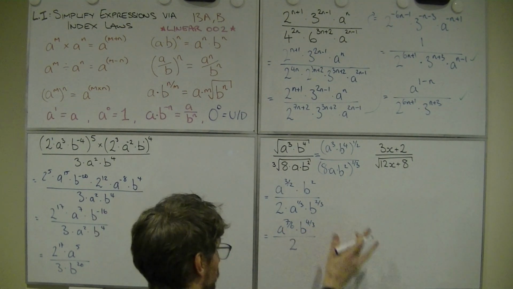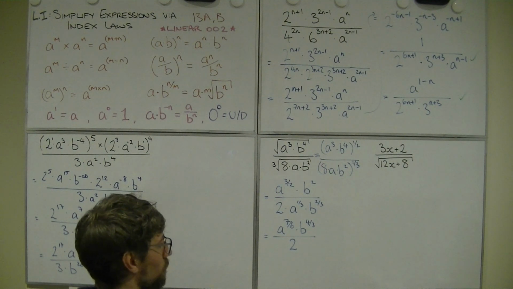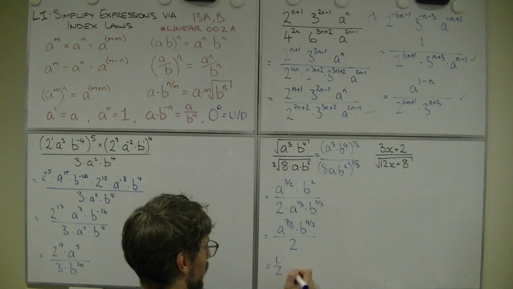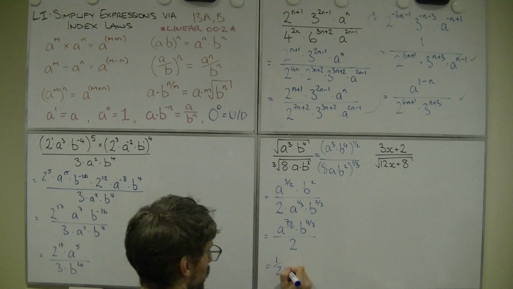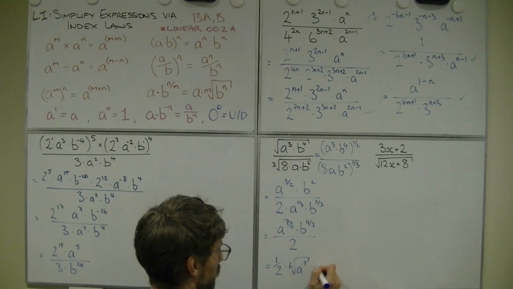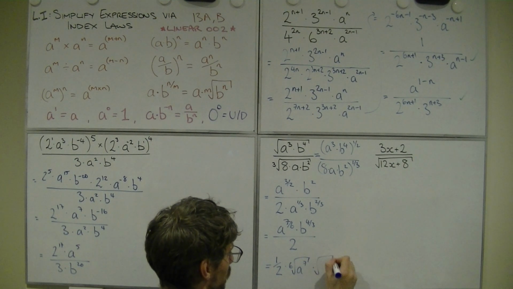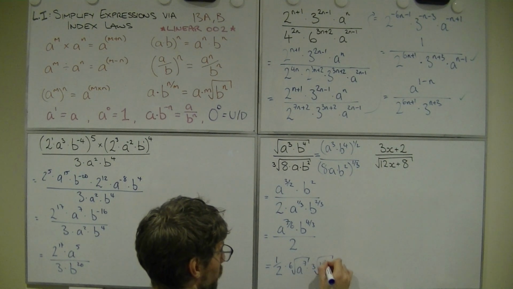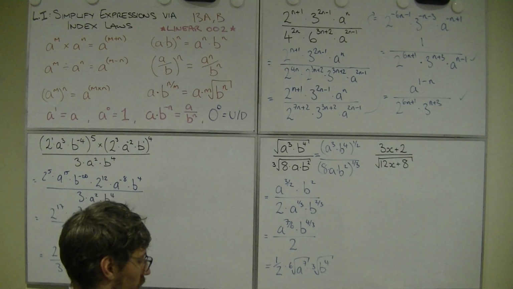Cool. So that's perfectly fine. Another way that you could write it though is to say I'm going to have a half out the front, so that's the 2, multiplied by the 6th root of a to the 7 multiplied by the 3rd root of b to the 4. So both of those perfectly valid.